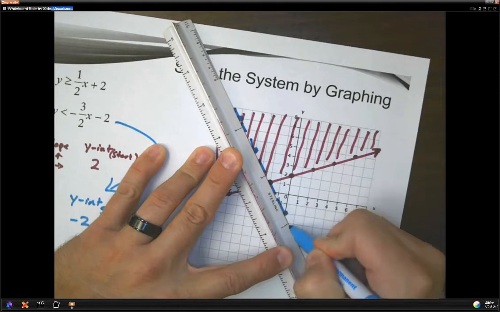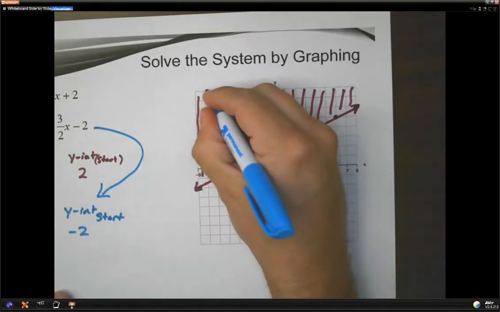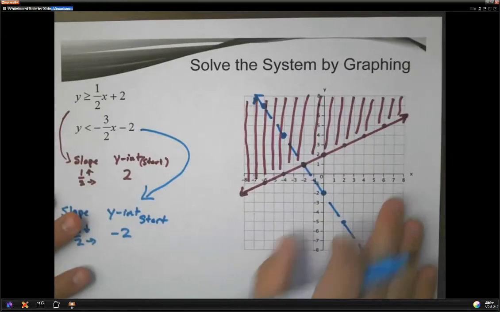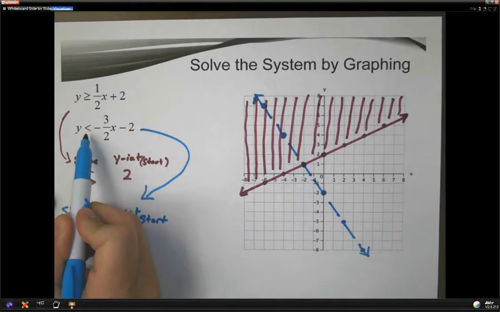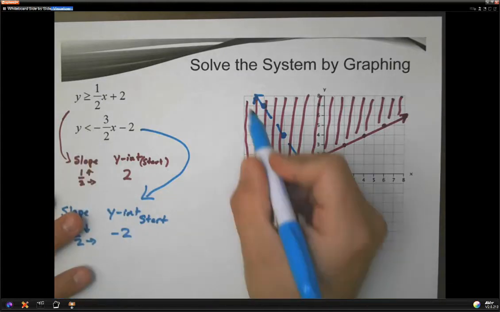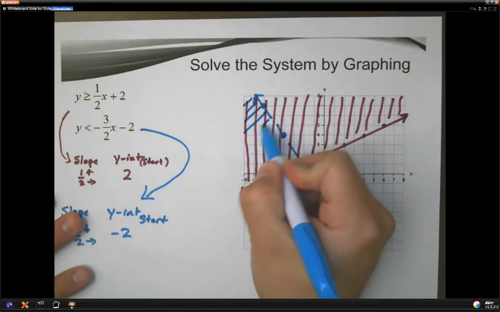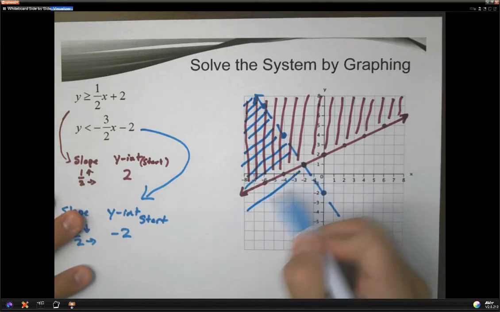So we go ahead and set up our dashed line. And then lastly, we do our shading for that line. Notice that it's less than, which means below the line. So this would be the below the line. And so I start shading below the line, below my blue line that we just drew.